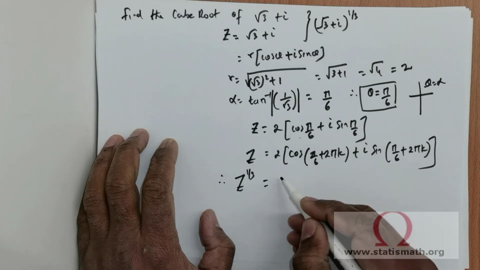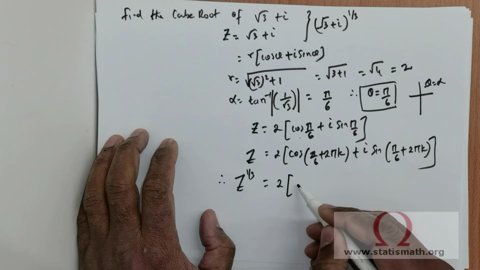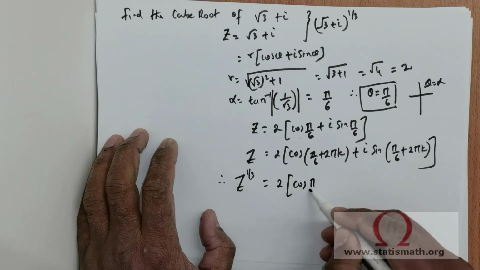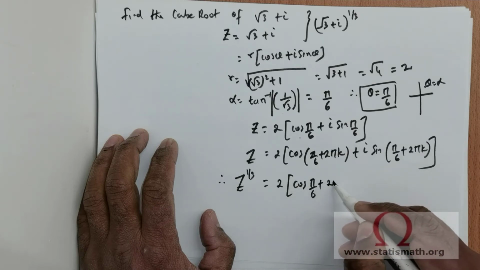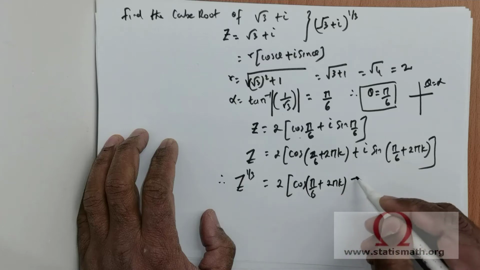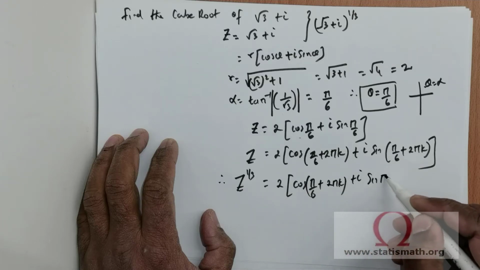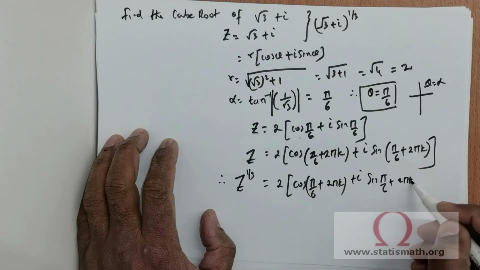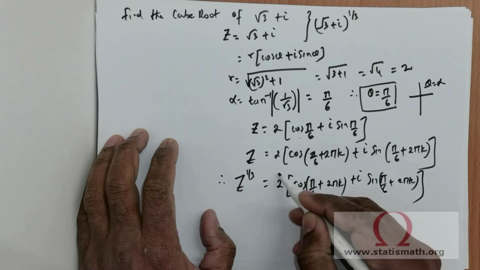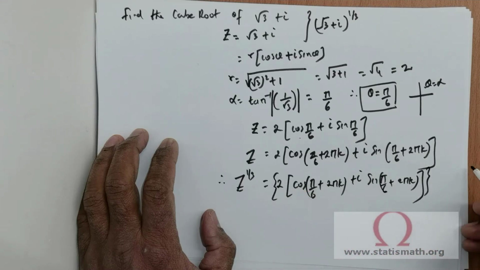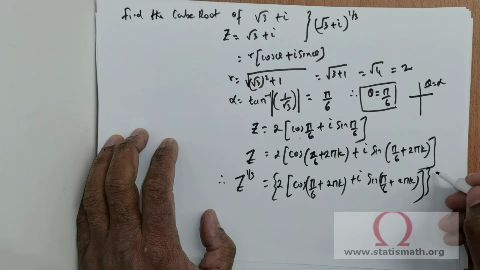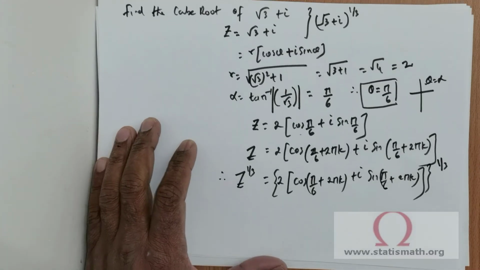So that's going to be 2 of cos of (π/6 + 2πk) + i times sine of (π/6 + 2πk), raised to the power of 1/3. So that has to be obtained.